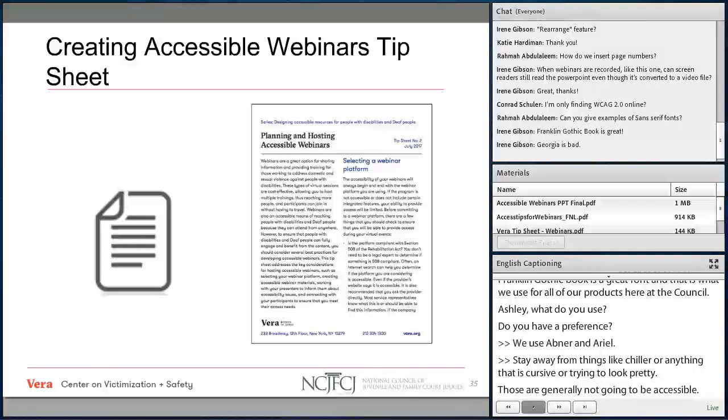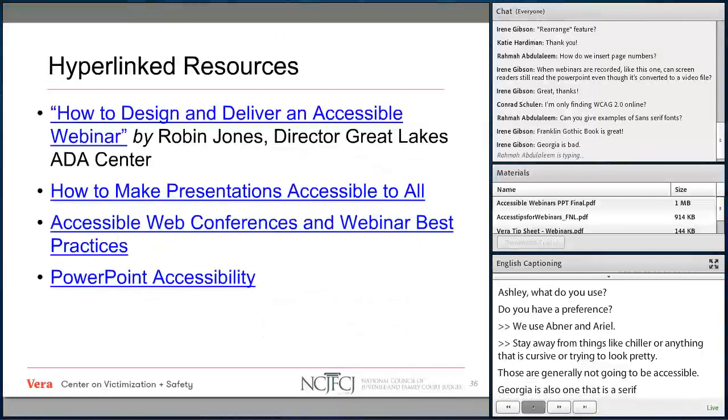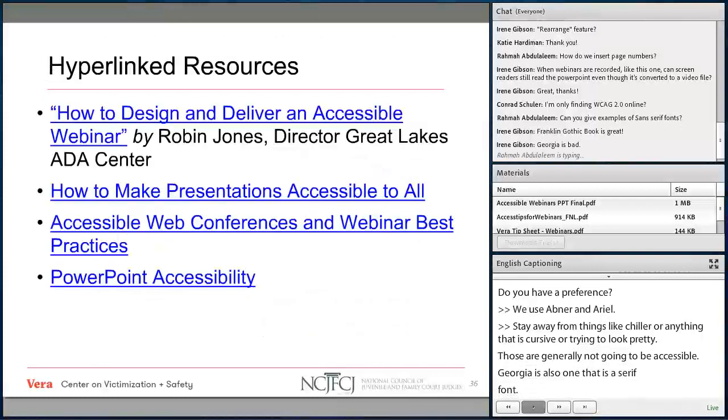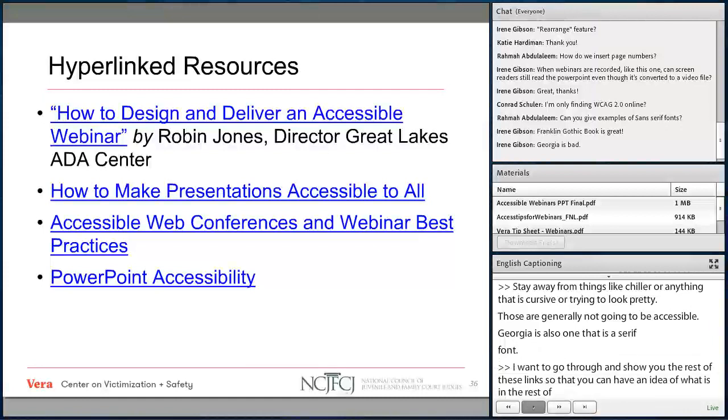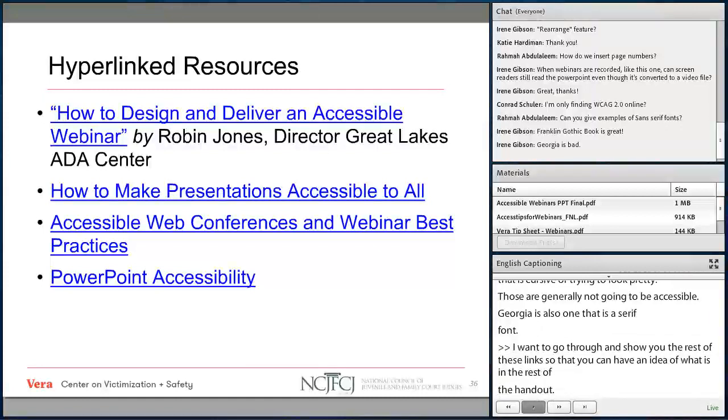All right. So I'm just going to go through and show you the rest of these links so that you kind of have an idea of what's in the rest of the handout. These are all links to just help you navigate through online resources.